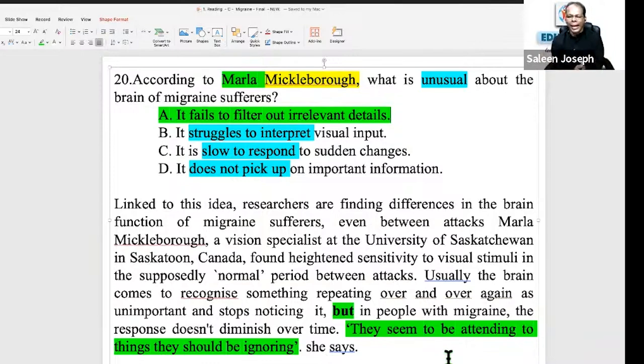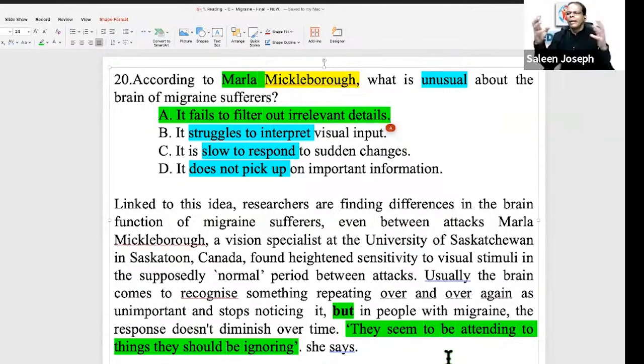Maybe when you have migraine, everyday child cries, but when you have migraine, you get irritated so much. Actually, those are the things which you used to ignore. Or when you have migraine, your husband or wife or somebody does something, you get angry, because your brain simply attends to things which you have to ignore.